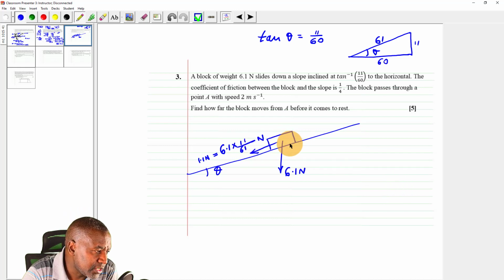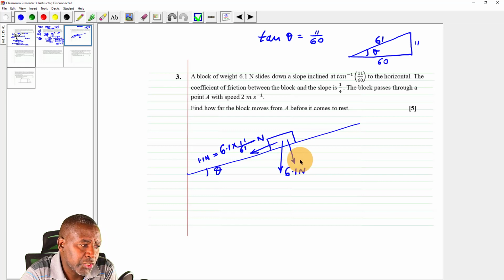The component of its weight perpendicular to the slope will be W cos theta, which is 6.1 times cos theta. Cos theta is 60/61.